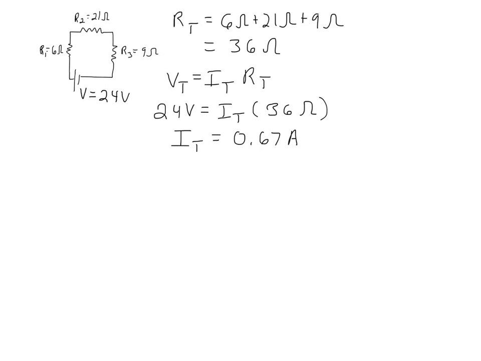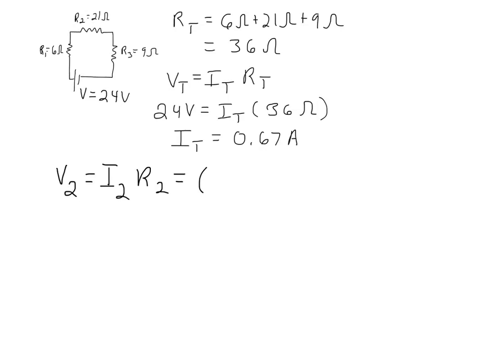Now, our last step on this problem is to find the voltage across R2. Again, the total current in the circuit equals the current in R2, because we have 0.67 amps through R1, 0.67 amps through R2, and 0.67 amps through R3. That's what that means. So the voltage across 2 equals the current through 2, which is the total current in the circuit, times R2.